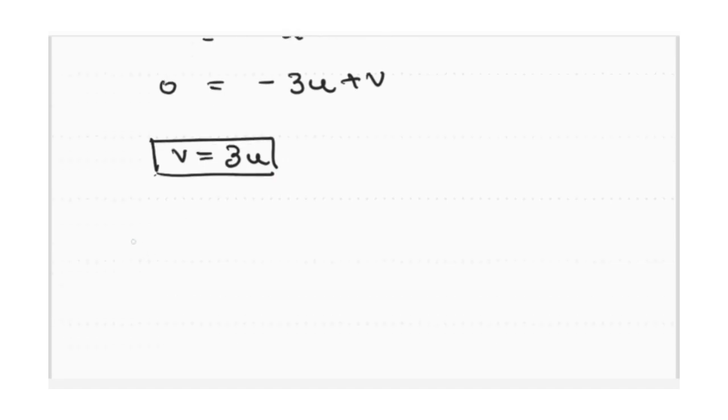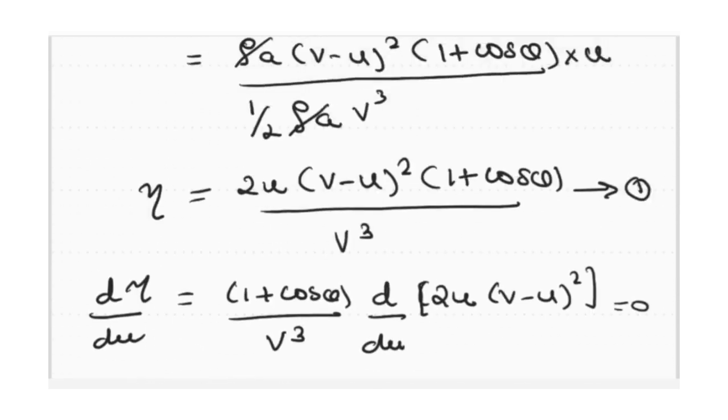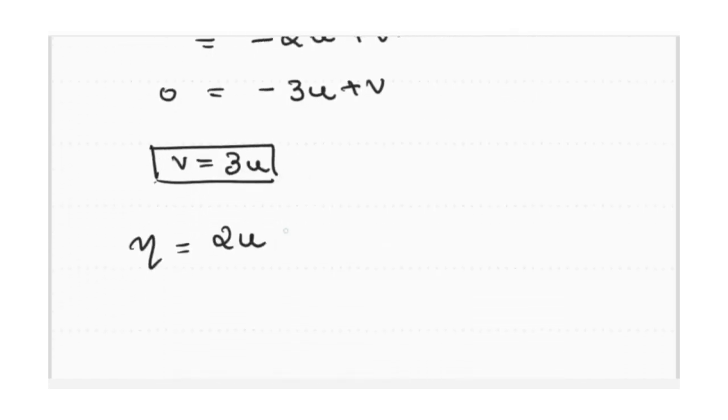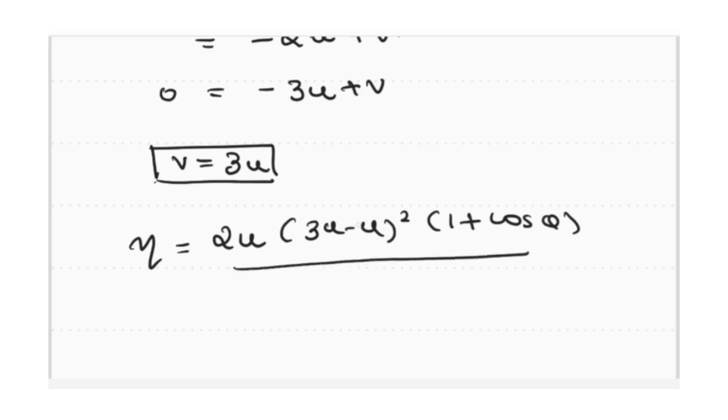You should substitute the value V equal to 3u in equation number 1. So that will be equal to 2 into u into (3u minus u) whole square into (1 plus cos theta) divided by V cube, and V cube is (3u) whole cube.